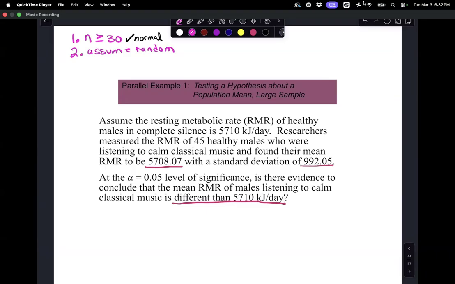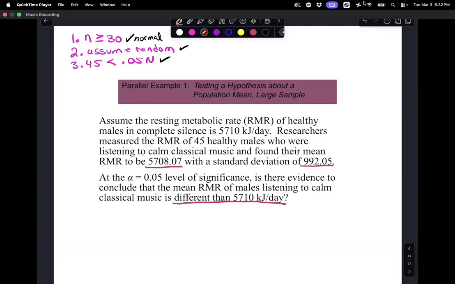And they measured 45 healthy males, and so 45 is less than 5% of the population. So we're good there. I'm going to put check marks everywhere because check marks make me happy. Okay. Because it makes me feel like I'm checking off a list. So those are 3 things you need to check. You can check them just as simply as this. I'm cool with this for your checking, but you need to check those things.